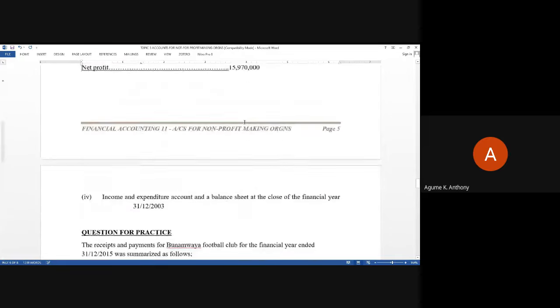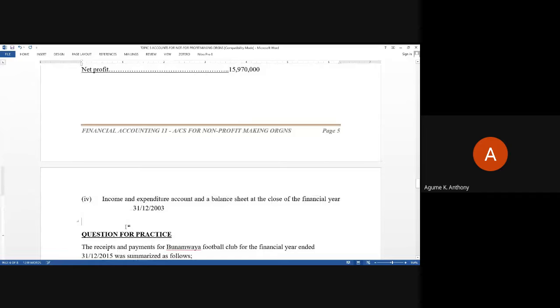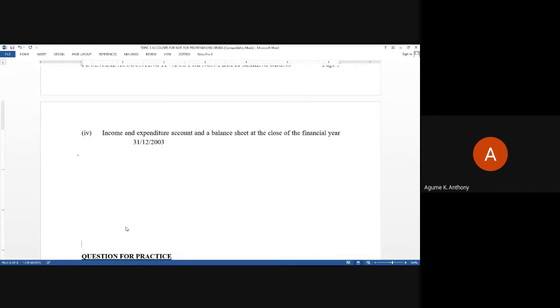Now, the next is to prepare the income and expenditure statement.